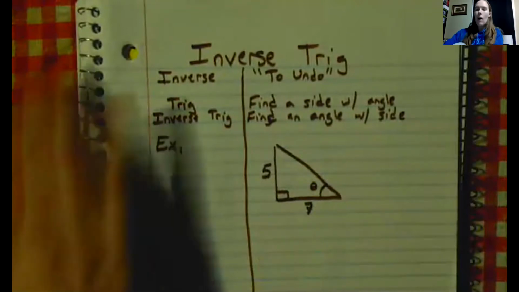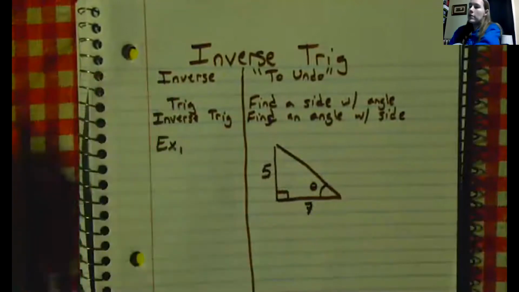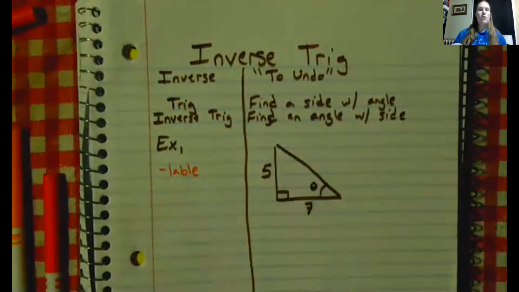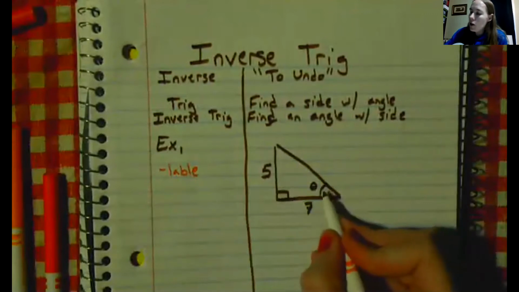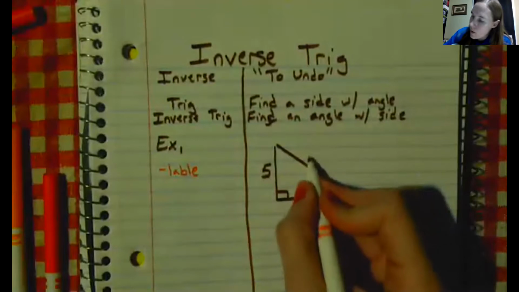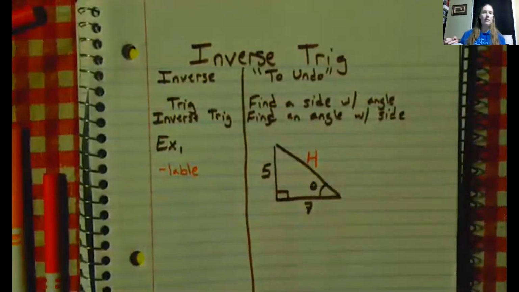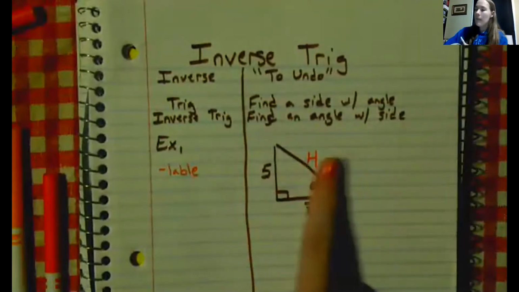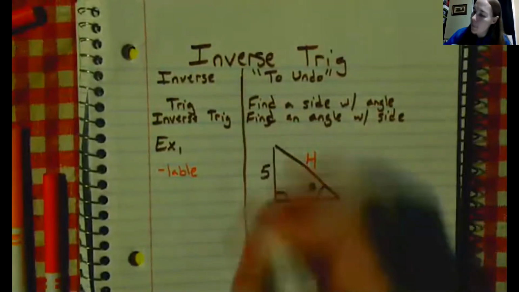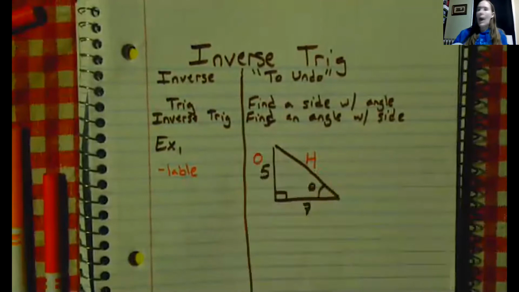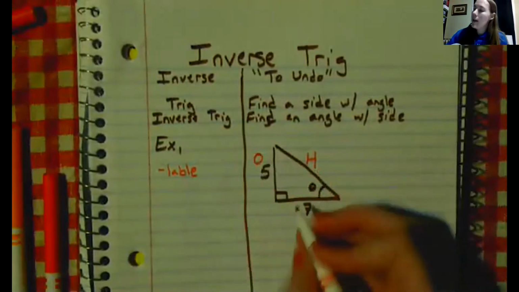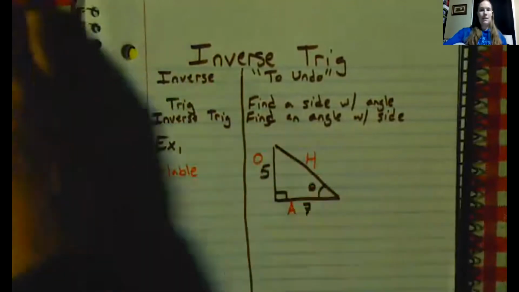Just like always, the first thing we're going to do is label. My hypotenuse is always across from my right angle. I'm going to cover my reference angle, and the side I'm not touching is my opposite. And the side that's in between my two angles is my adjacent.